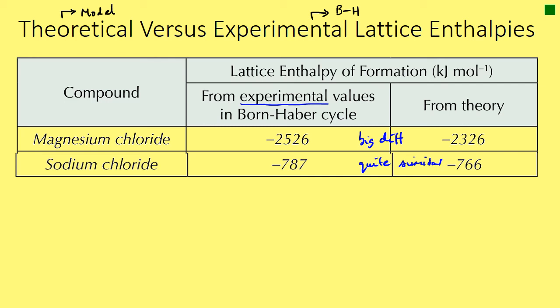And the same is true, but to a lesser extent, for sodium chloride. The other conclusion is that the experimental values tend to be, at least in these two examples, and pretty much all other examples when you look at them, more exothermic than the theoretical values.